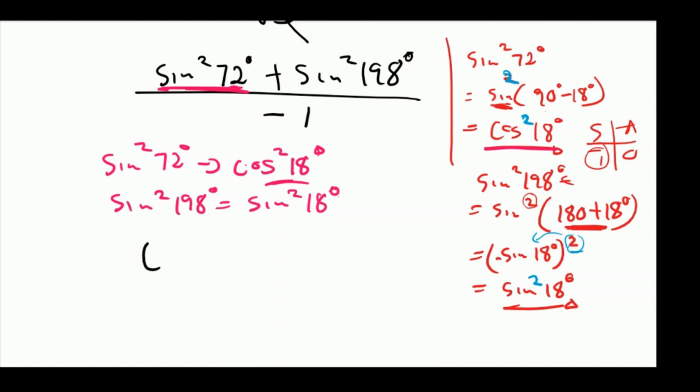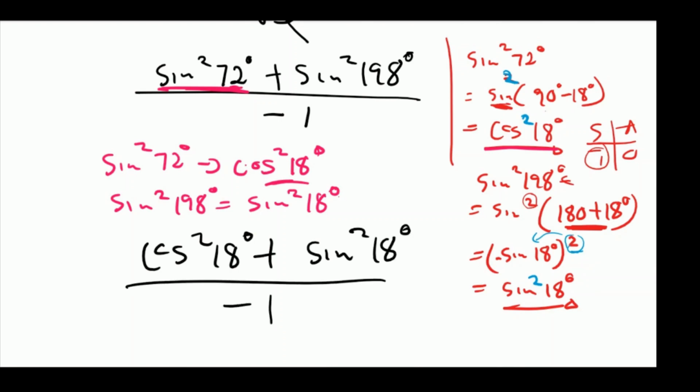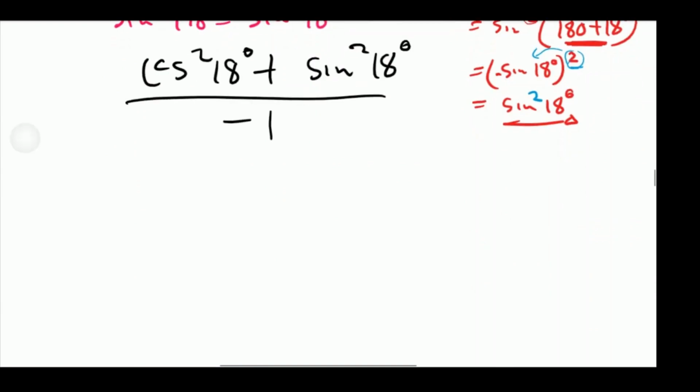So it's going to be cos squared 18 degrees plus sine squared 18 degrees divided by -1, right? What you need to note now is that this expression at the top is the same as having sine squared x plus cos squared x.